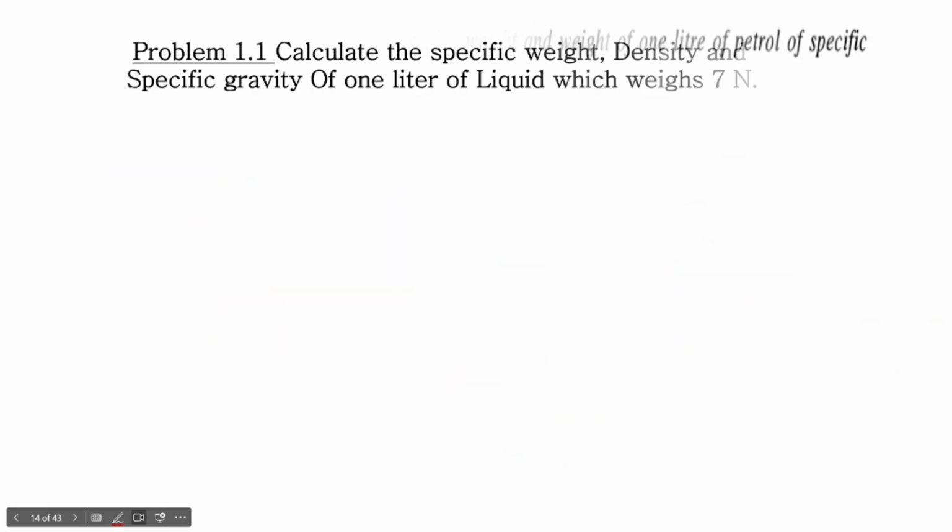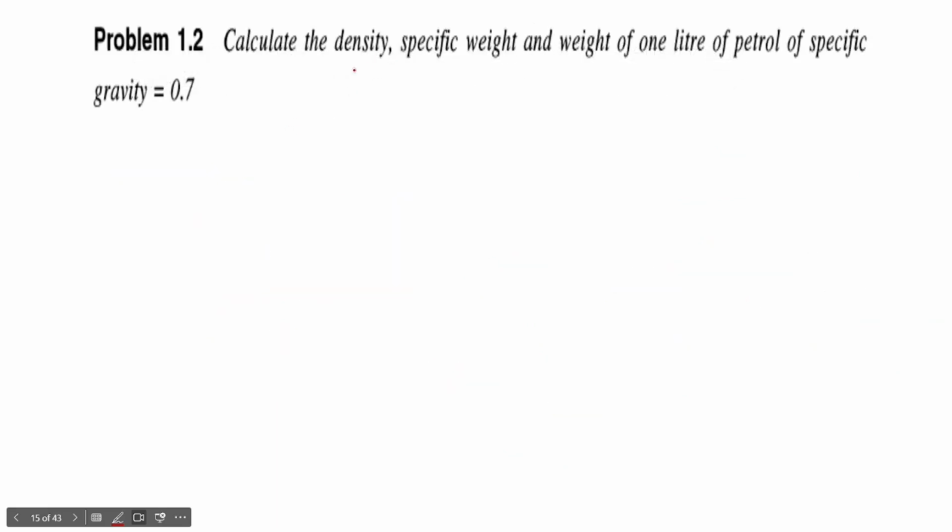Secondly, let's move on. Calculate the density, specific weight, and weight of 1 liter of petrol of specific gravity 0.7. Specific gravity of the petrol is given, so I can find the density very easily. Specific gravity is equal to 0.7, and it is nothing but density of the petrol divided by density of water at 4 degrees Celsius, which is the standard.